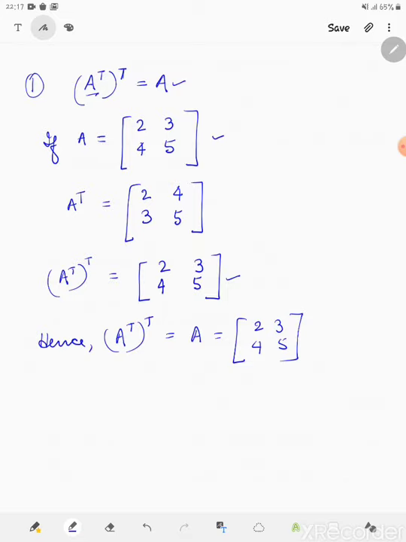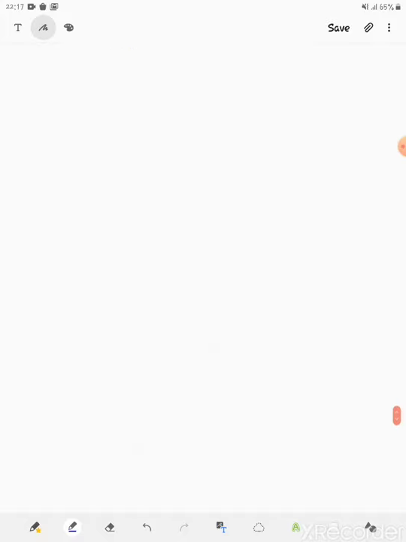Similarly, we go on to the next property. In our next property, we will find that when there are two matrices A and B, दो मैट्रिक्स हैं A और B और दोनों के सम का हम ट्रांसपोज निकालते हैं. So we find the transpose of the sum of two matrices, then it is equal to the sum of the two transposed matrices.